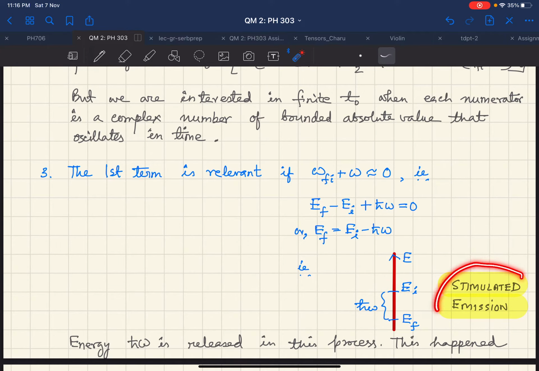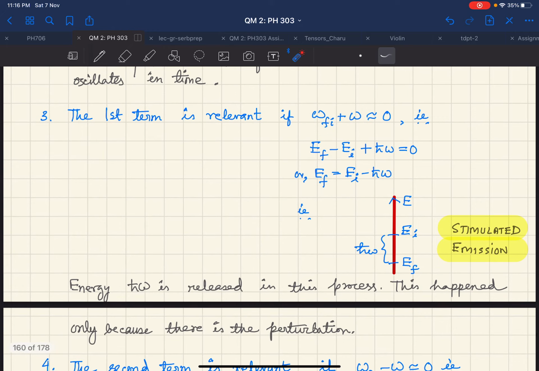This condition is known as stimulated emission. What happens there? Here energy h bar omega is being released by some process, and this process happens to occur simply because we have perturbed the system. So because of the perturbation, we have some energy which is being released in a process.